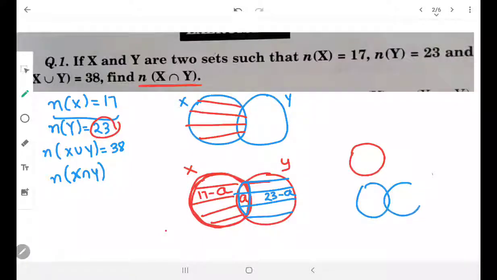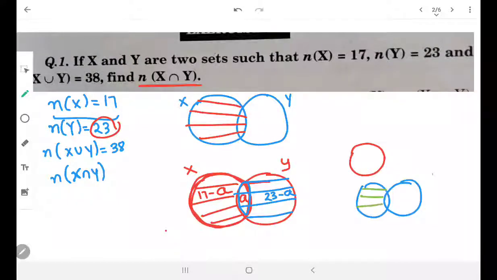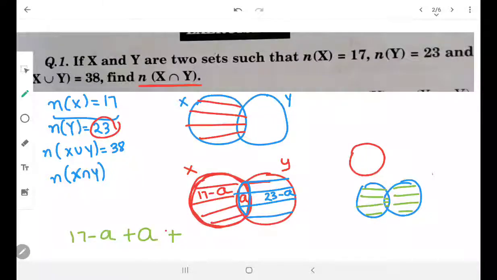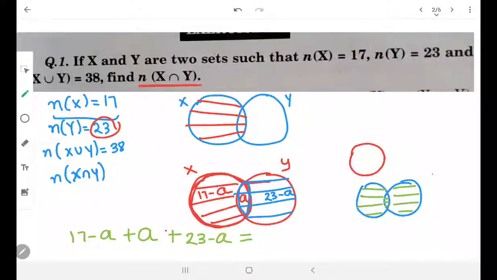Suppose these are the two sets given. x union y means this part, then the common part one time, and then this part. So there is no need to apply any formula, you can directly evaluate it. Now x union y means 17 minus a plus the common part, which is a, plus 23 minus a, which is equal to 38.